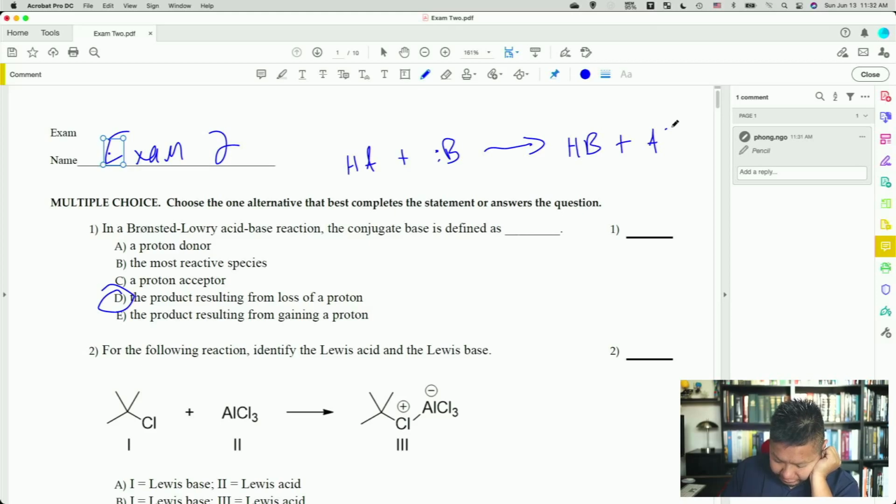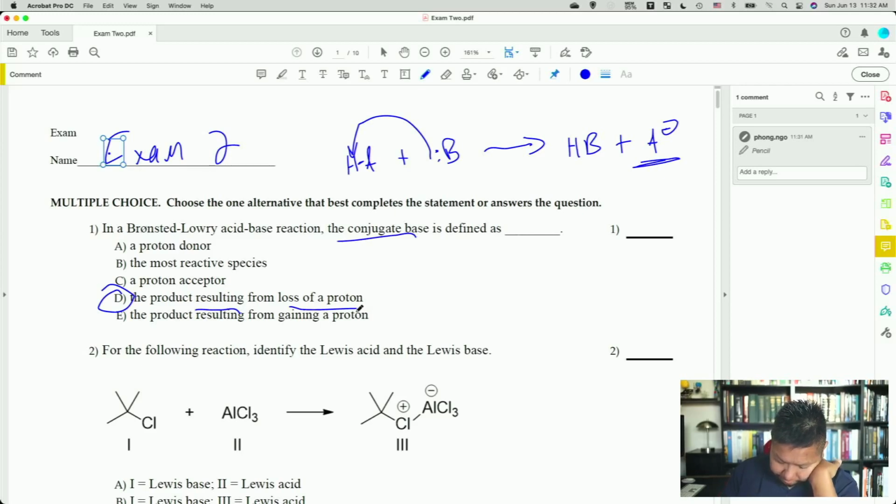And so what happened there is that the lone pair of electrons from the base pulled off that proton, resulting in an A minus because it lost the proton, leaving those electrons in that single bond between the proton and the acid to go to the acid, right? And that's why we get an A minus over here. And so your conjugate base then is this, the product that results from the loss of a proton.